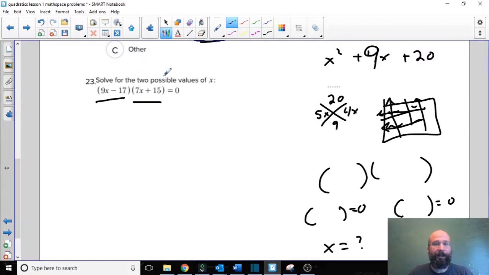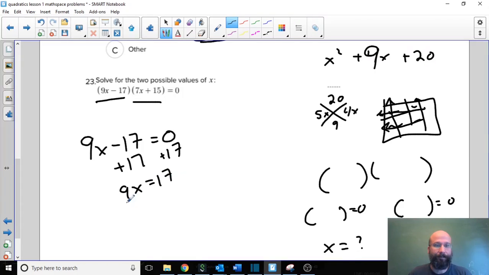So if you wanted to solve for the two possible values of x in this way, you would take 9x minus 17, this binomial, and set it equal to 0, and then solve for x. Plus 17, plus 17. 9x equals 17. Divided by 9.